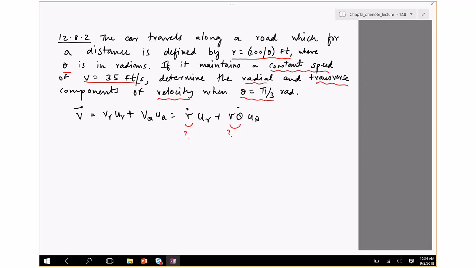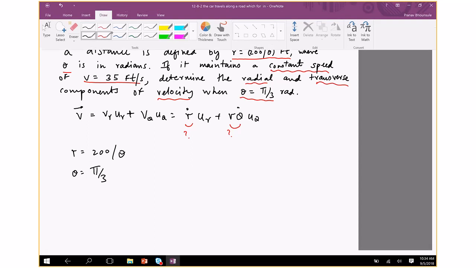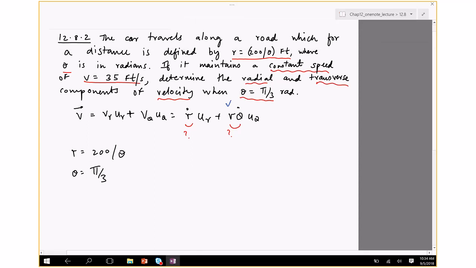Okay, let's see what are the knowns. We're given that R is 200 divided by theta. We're also given theta is pi divided by 3. So R is no problem. We can figure out R easily. Okay, let's try to find R dot and theta dot. R dot is, so I need to take the derivative of R with respect to time. So I'll keep 200, that's a constant.